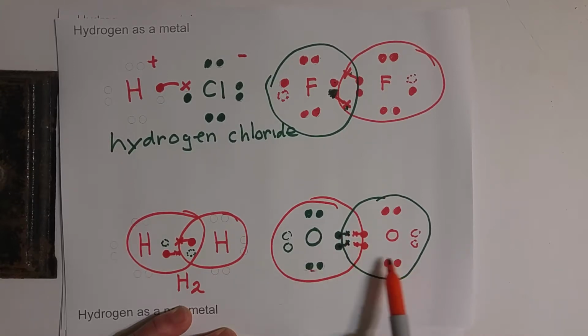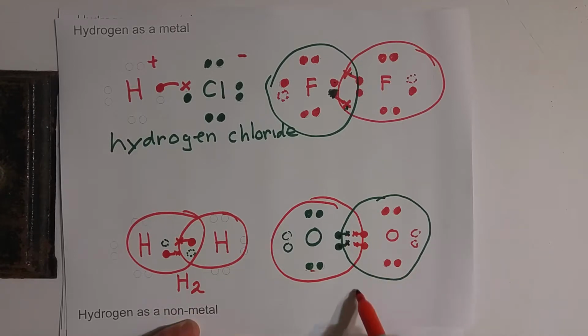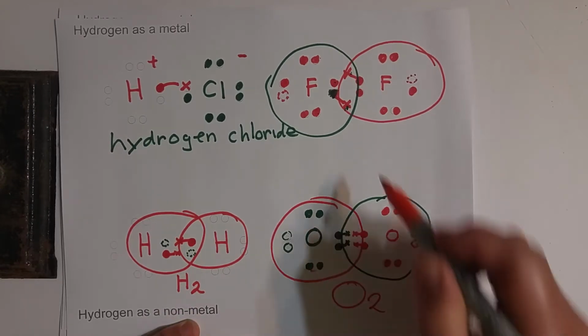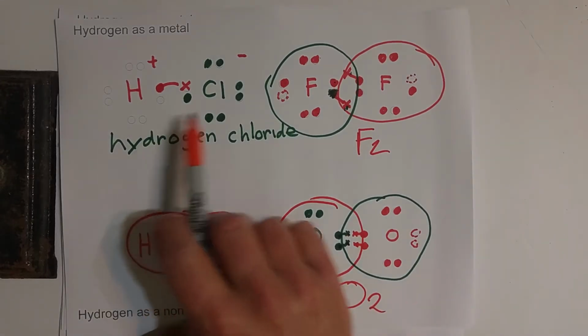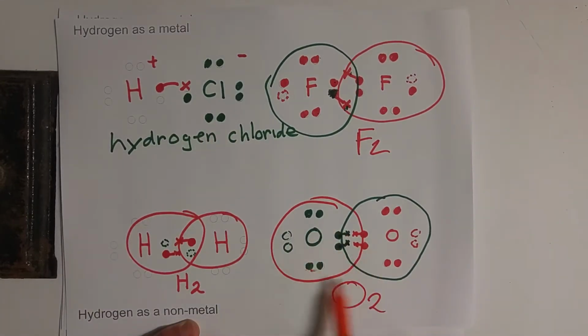So we have 8 in each pool now. So this is why it's O2, and this is why it's F2. The shared bond is weaker than this bond because it's really not what they would prefer to do, but it will work. So if hydrogen shows up here, they may switch and form the ionic bond.